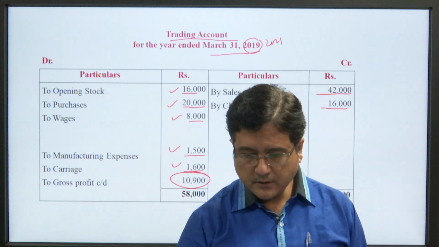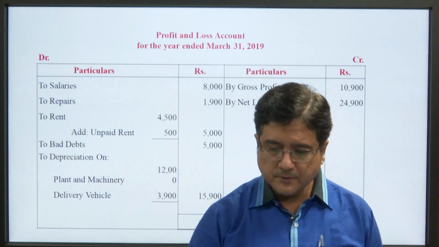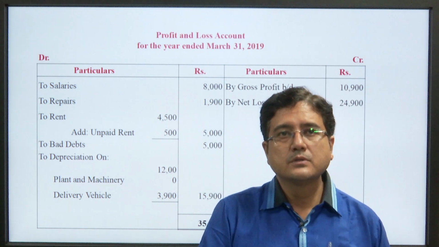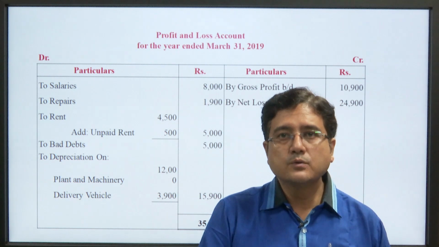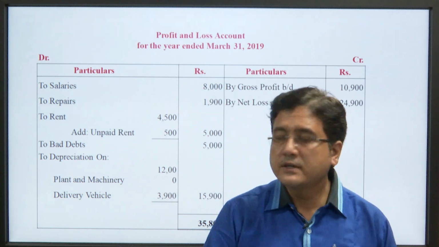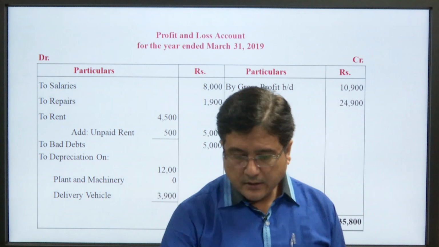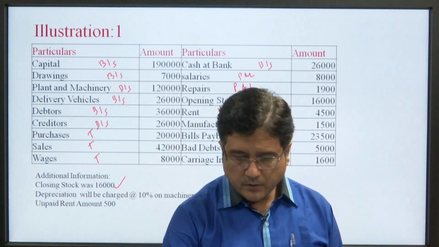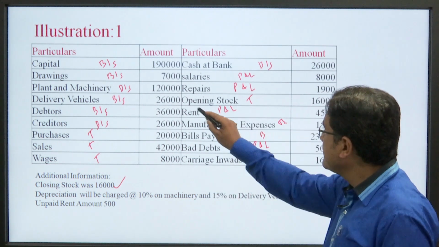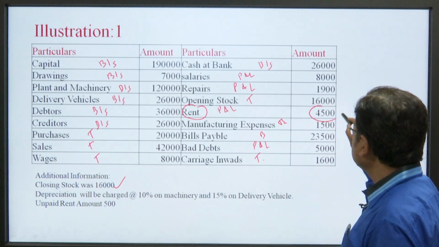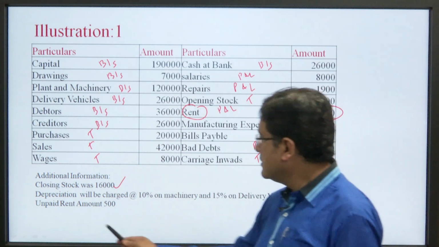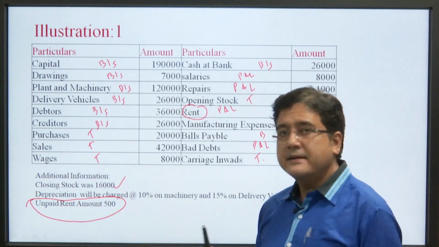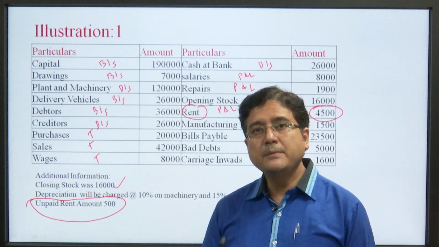Now, come to the next calculation, the profit and loss account. Salary 8,000, repair 1,900, rent 4,500. See, rent is given 4,500 here, and also here there is unpaid rent, that means outstanding.